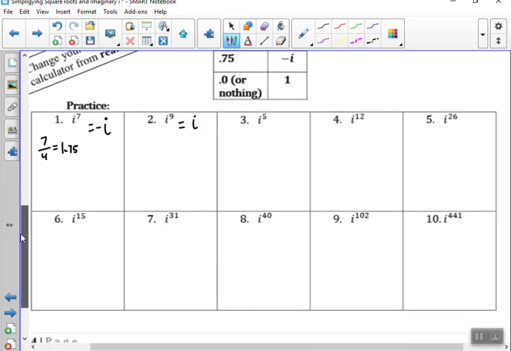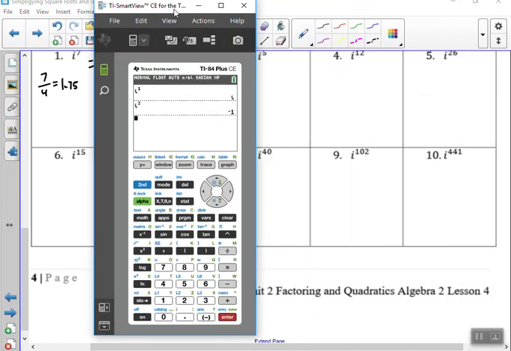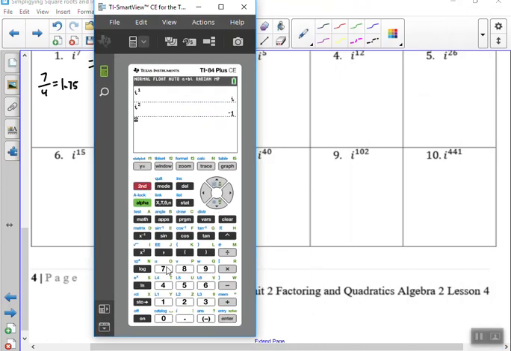Okay, you can plug this in your calculator. You don't have to do all of them, but I do want to jump to 9 and 10. Plug this in your calculator. i to the 102. What'd you get? Negative 1. Some weird thing, right?